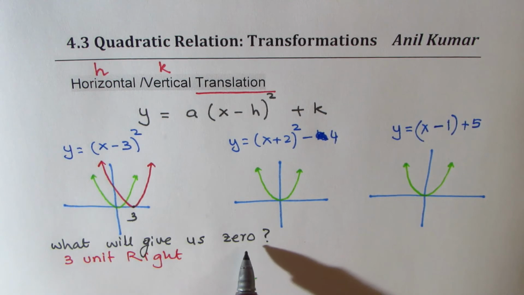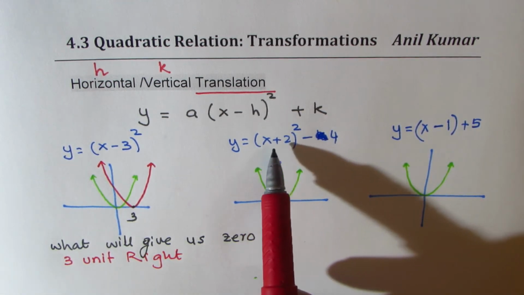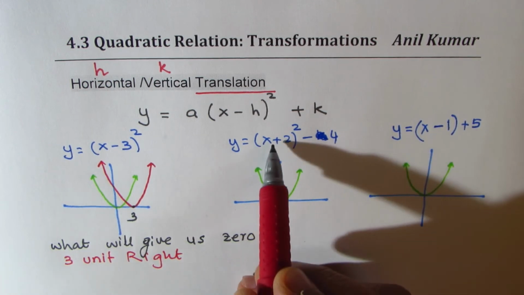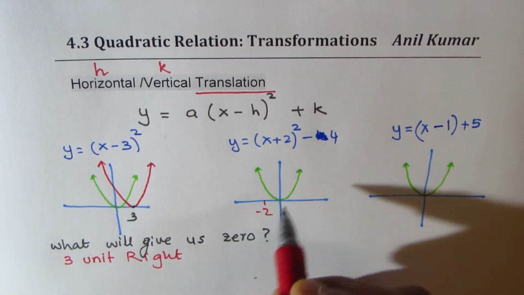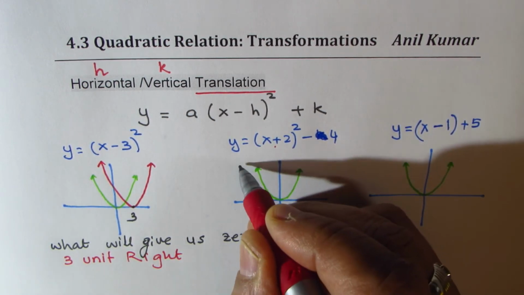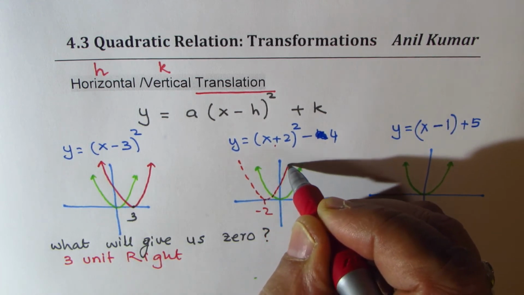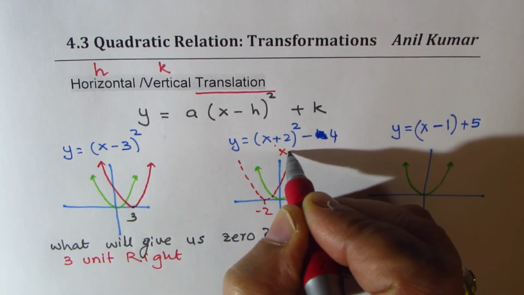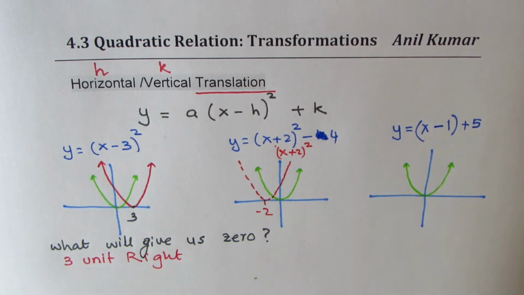Now we'll ask this question always when we are looking into the inner side of our function. Now in this case, minus 2 will give us 0, right? So because of this, the graph will be, let me just sketch here a dotted one. So this is because of x plus 2 whole squared. Correct? So let's look into the horizontal translation first.